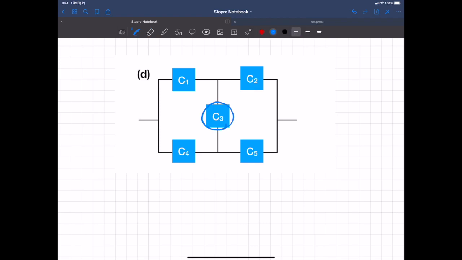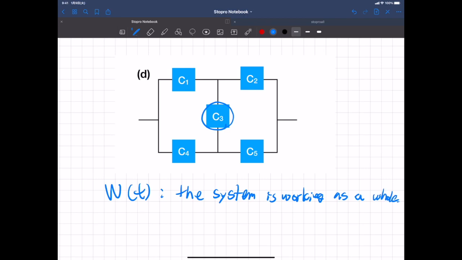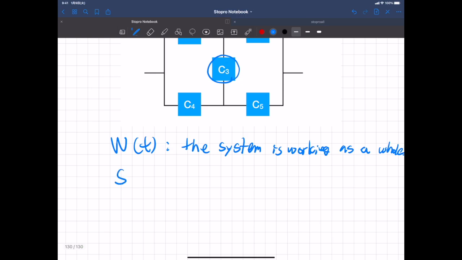Okay, so let's define an event WT that the system is working as a whole. And let's say S_i is the event that component i is working, it hasn't failed yet.